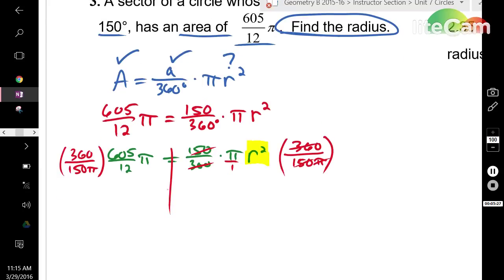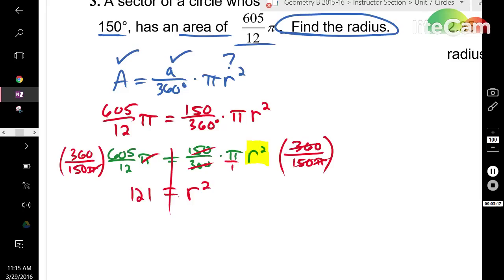And over here, you're going to have the pi's cancel, and then you can multiply 360 times 605, divide that by parentheses 150 times 12, and you get 121 when you simplify that out.